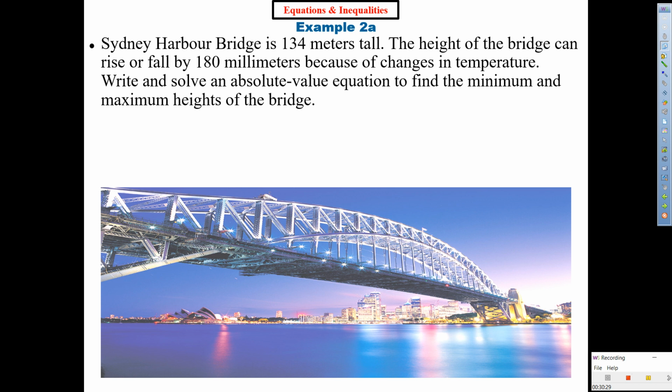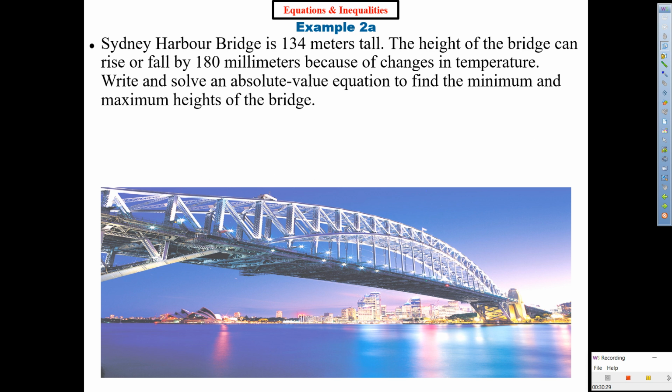Now, most bridges have metal. So think about it. What happens to metal when you put heat to it? It kind of bends, yes? So that's why the bridge, instead of being like this, kind of bends down. However, when it gets cold, it straightens out. So that means the bridge actually rises a little bit. That's what they're trying to say here.